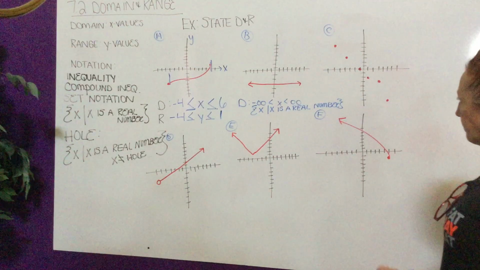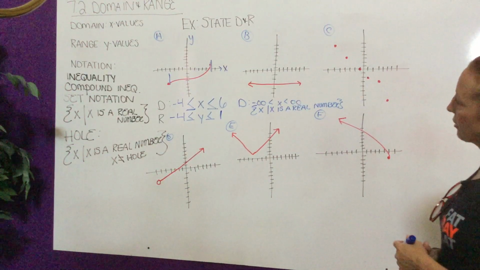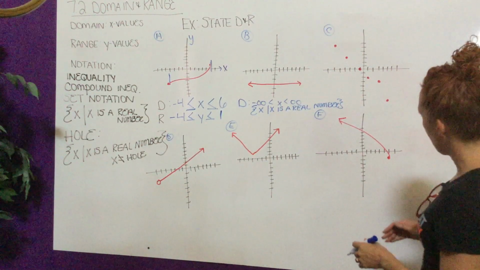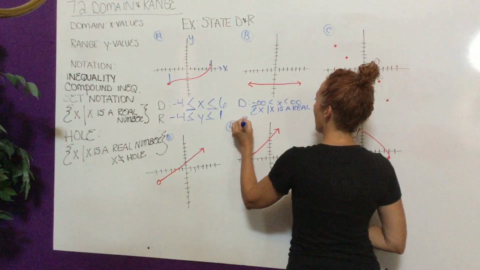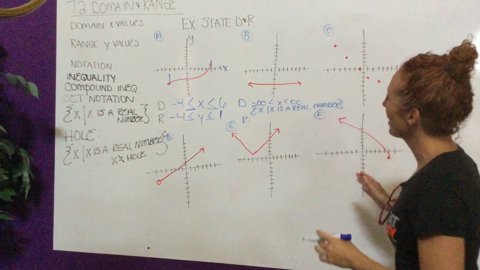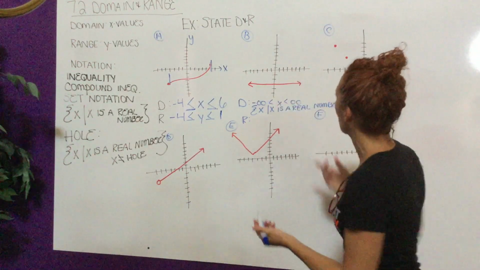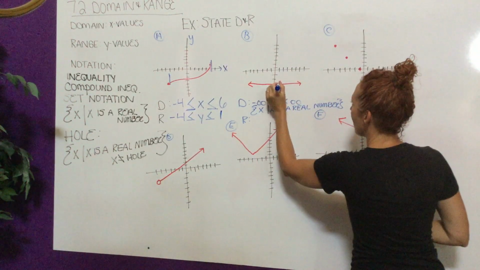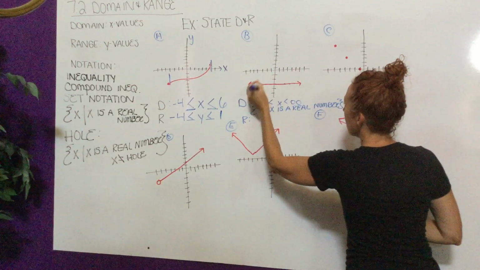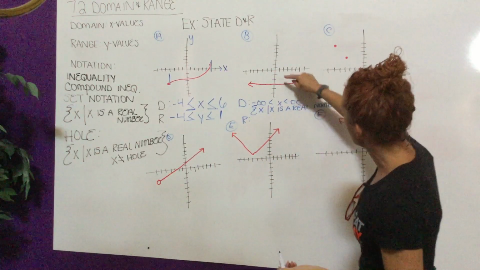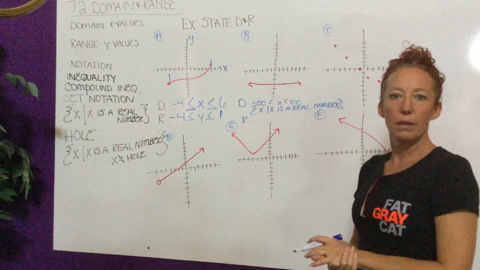All right, let's look at our range. Perhaps I overestimated my ability to write small here. My range, if you look at my y's, no matter where my graph lands, my y value is always the same. It's always down 1, down 2, down 3.